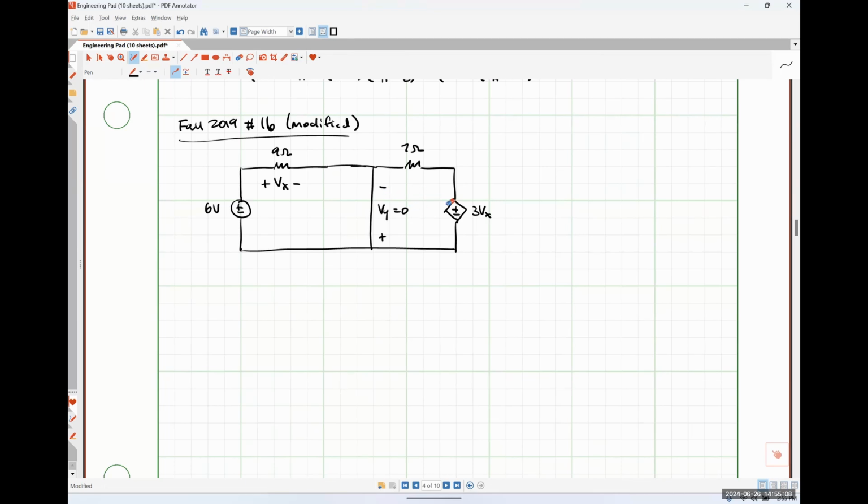And now this Vy doesn't really mean anything; I'm just going to leave it there for the sake of argument. We're trying to solve for the voltage Vx. Kirchhoff's voltage law around this loop tells me that Vx is 6 volts because the 9 ohm resistor is now in parallel with the 6 volt source. So I'm done.